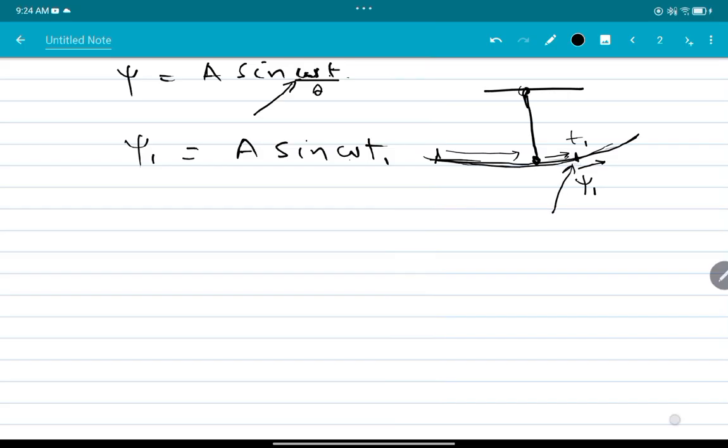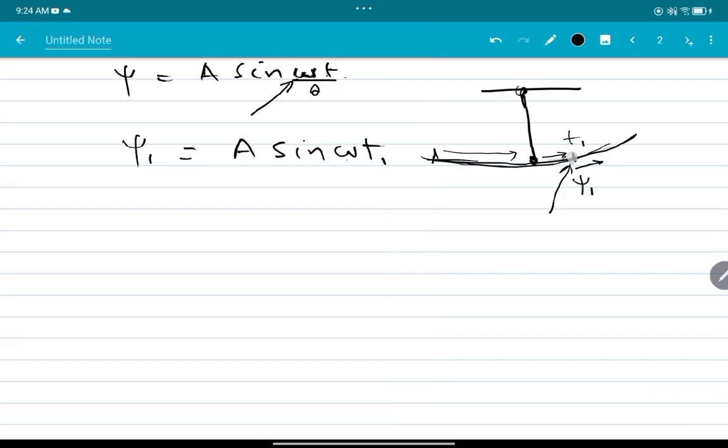But the time will be t2, a different time. First time it passed through this position at t1. Now the time is t2, but the displacement is the same. That means I can write psi 1 equals a sine omega t2.